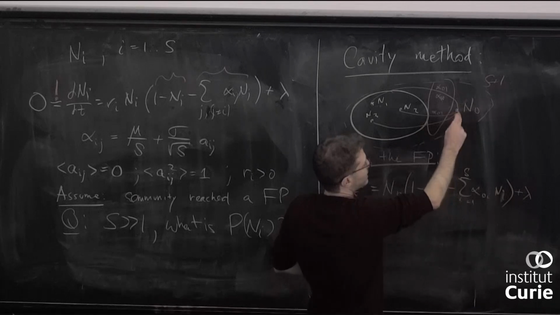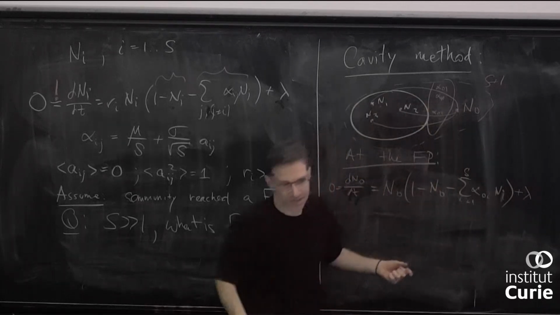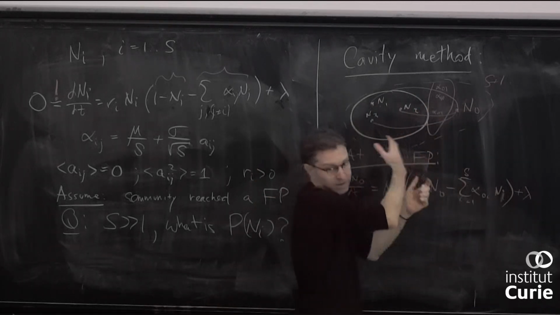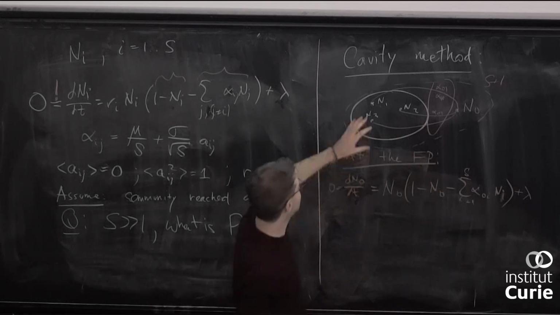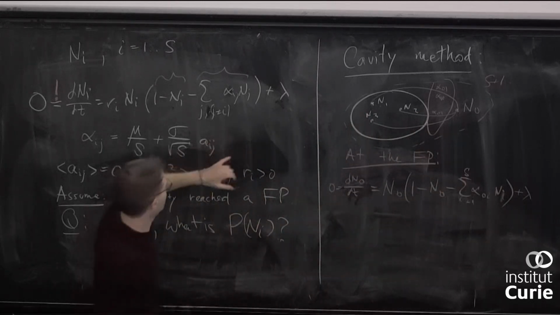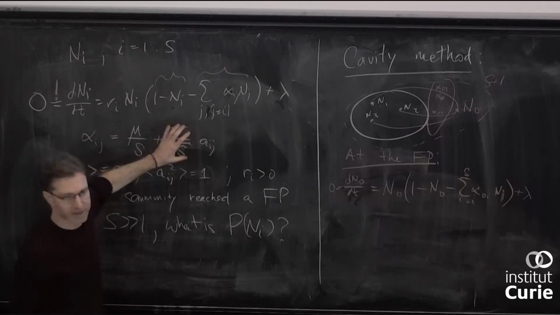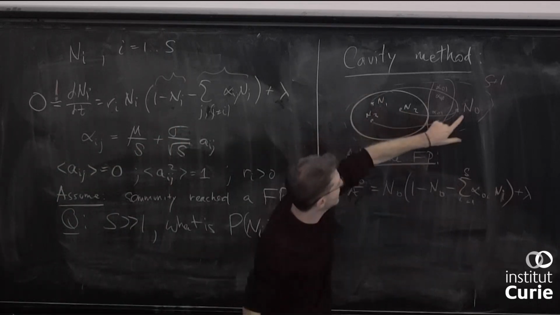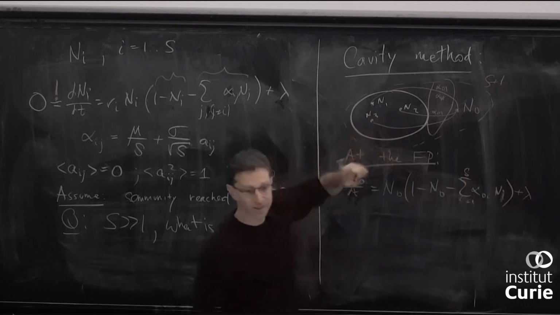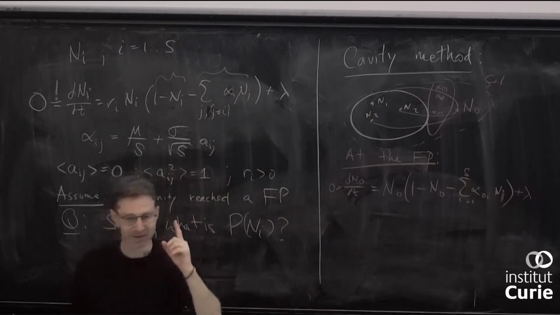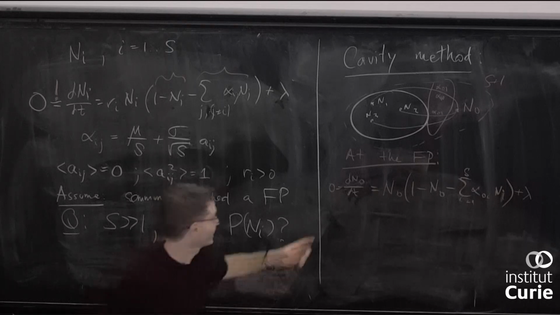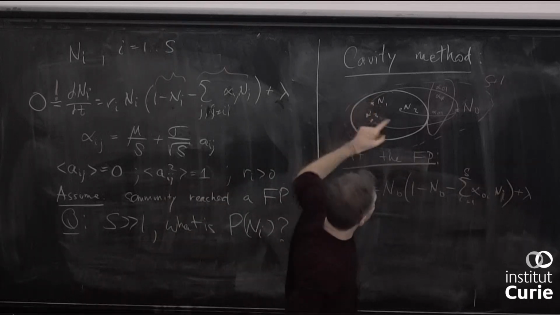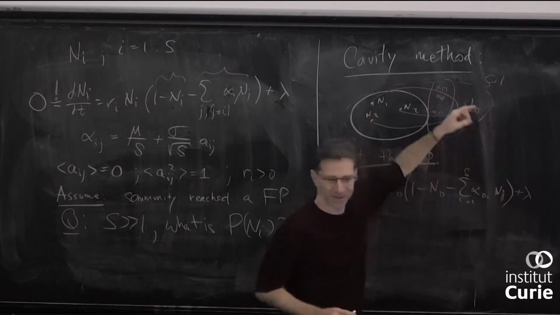This n0 is affected by these other species, but the whole fixed point might change. The idea is that because I have many numbers here that are quite small, the effect of this n0 on these n's is small. Now, that does not mean that you don't have to take that into account.